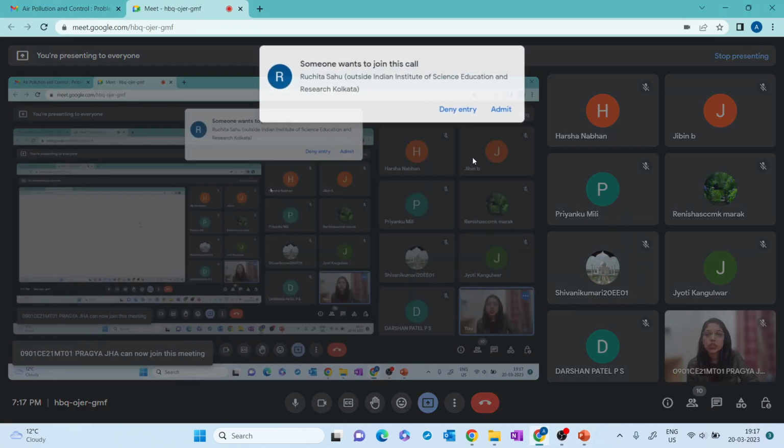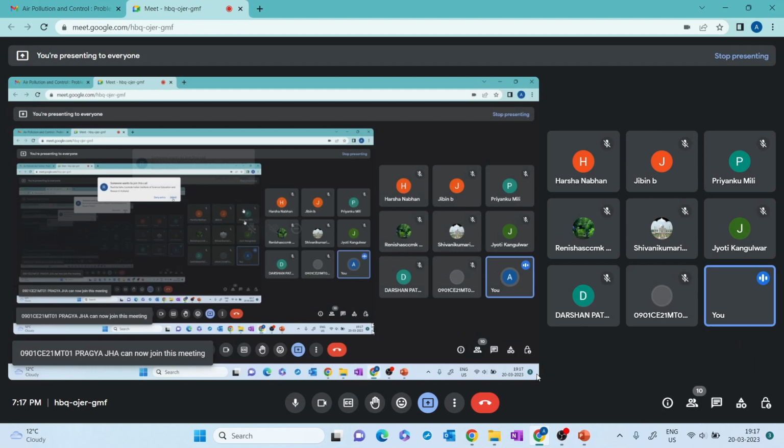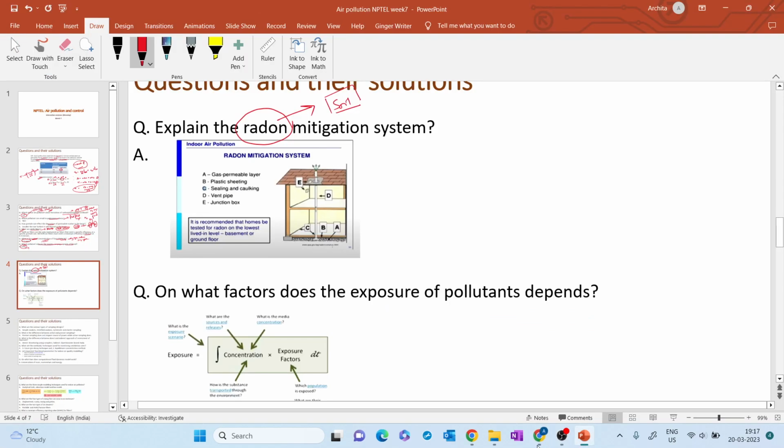This gas permeable layer is nothing but a layer of rubble or boulders below the housing, to allow the gas to be released. If there are bigger chunks of particles, then gas will easily be released or emitted from the pore spaces. So that is what the gas permeable layer is. It allows the easy escape or flow of gas.